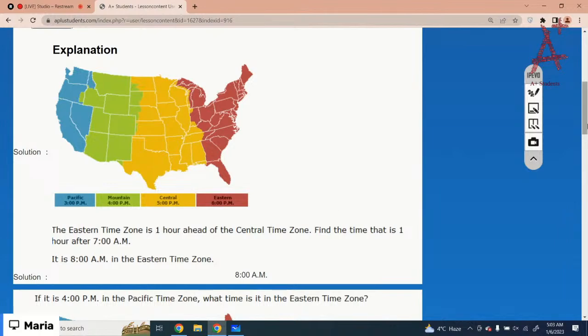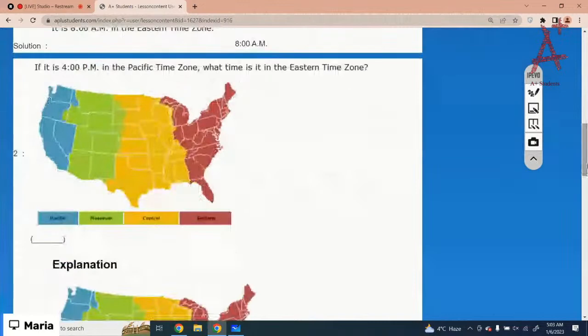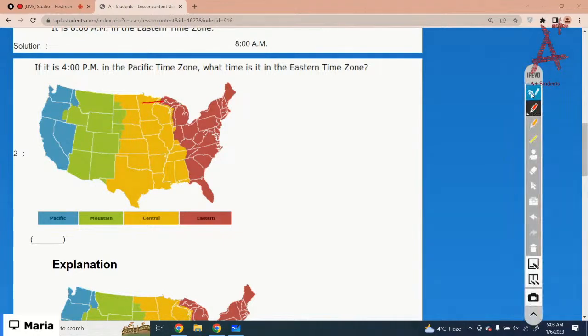Got it? Okay, let's do another example. If it is 4 p.m. in the Pacific time zone, what is the time in the eastern time zone? Here you have 4 p.m. in the Pacific time zone. You have to calculate the time in the eastern time zone. Here you have 4, 5, 6.